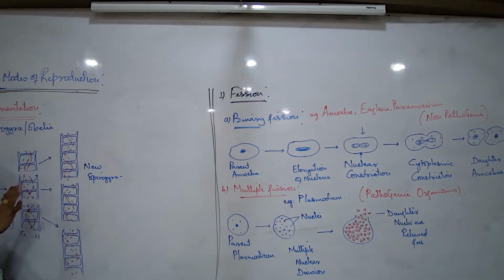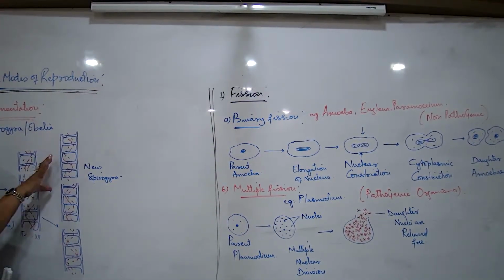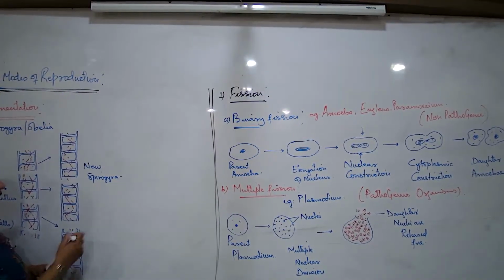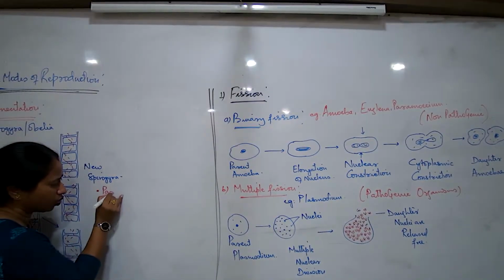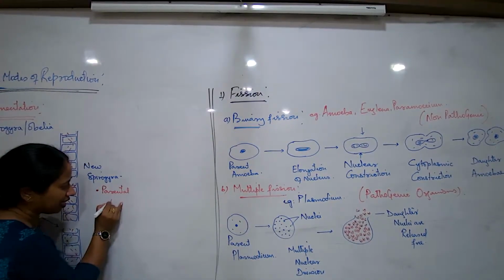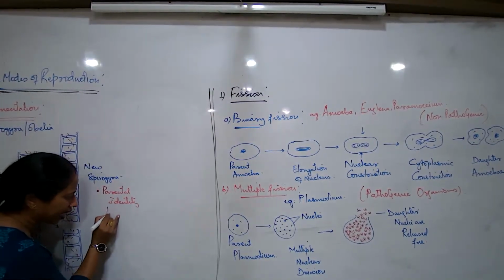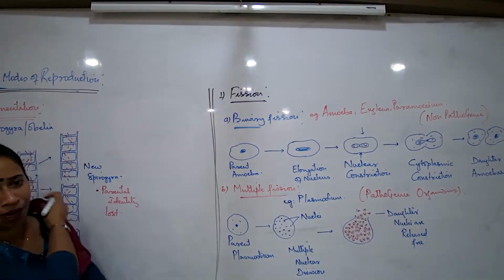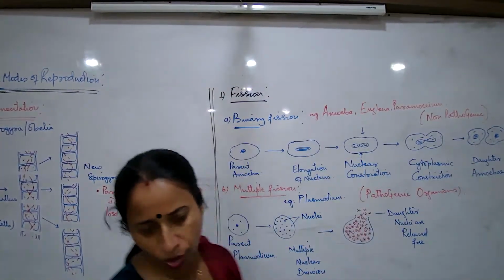It is not possible that the parent and the offspring are present together. The parent body is dividing. So we will always write this: parental identity is lost. This is the feature that you should write for difference. Parental identity is lost, meaning what? The parent and the offspring are never present together. So this is fragmentation.